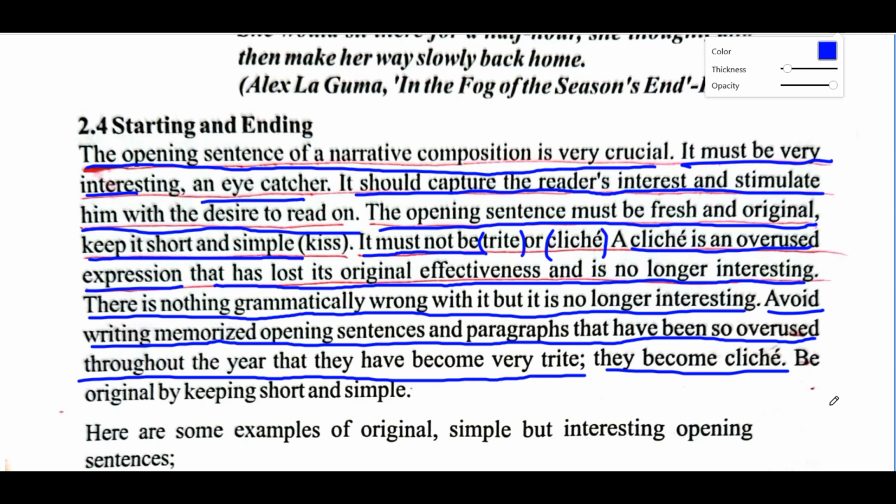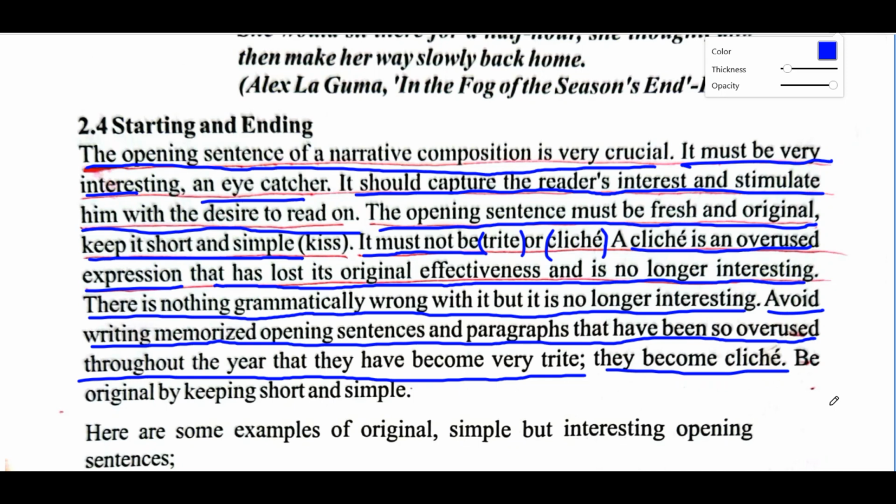There are times, as you are studying different compositions, that some statements have become like a cliche. Those statements have lost their meaning.